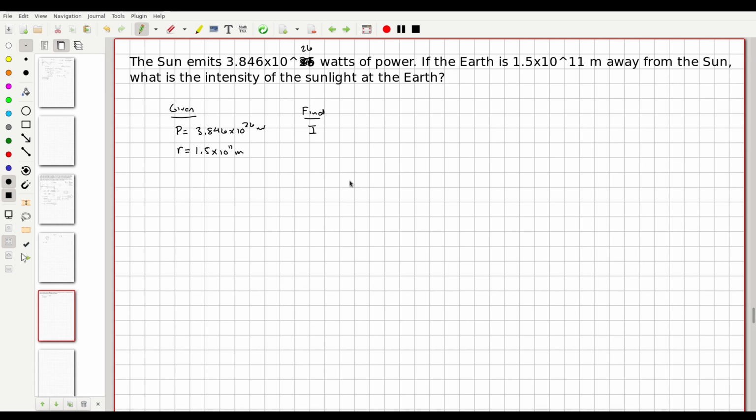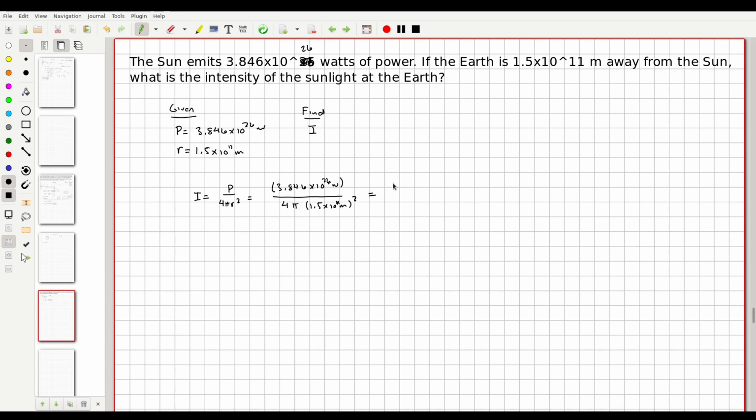It puts out light in a spherical manner, which means the intensity here is just the power over the area. And the area of the sphere is 4 pi times r squared. So that would be 3.846 times 10 to the 26 watts divided by 4 times pi times r squared, that's 1.5 times 10 to the 11th meters squared.